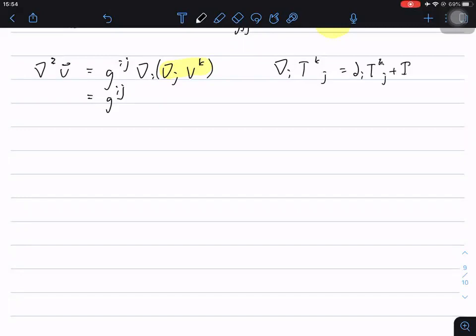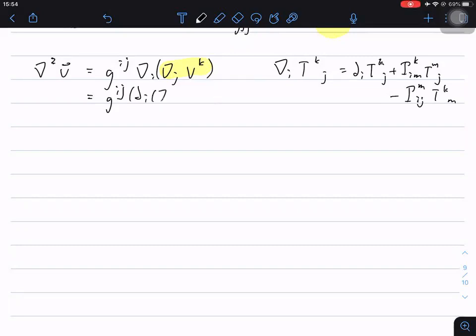Okay, and we can just copy everything and replace the partial derivative with the covariant derivative.